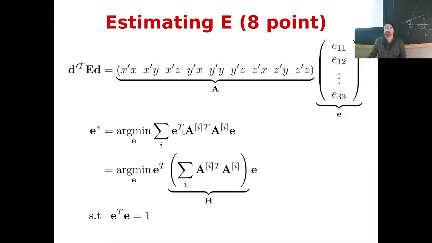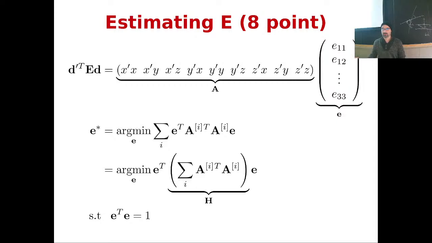Now, I think I do not have to explain how I went from this expression to this expression, because I just put the for loop where it is required to be. Okay, now, how do we solve this problem over here? We want to find the essential matrix that minimizes this expression, which I could rewrite simply as E transpose H E, where H is a 9 by 9 matrix, because it's the product of a vector which is 1 by 9 by a vector which is 9 by 1, right?